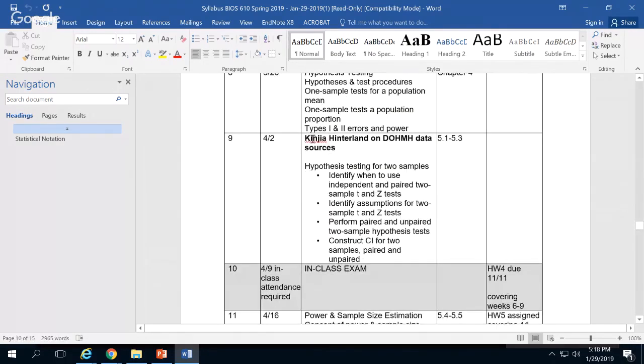This is not confirmed yet, but hopefully we will get a guest in from the Department of Health and Mental Hygiene to give a talk on the Department of Health and Mental Hygiene data resources.